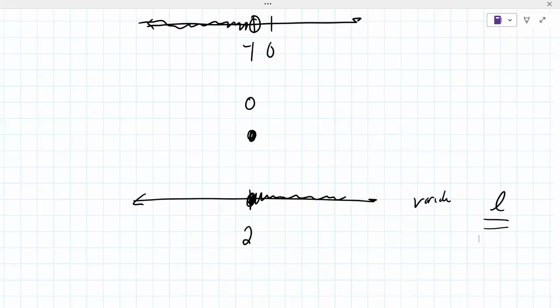So L, what way is the arrow pointing? Well, that's what you've got to decide. I mean, it's shaded to the right. L is greater than or equal to 2. Okay, that works. All right. That's good. Doing great.